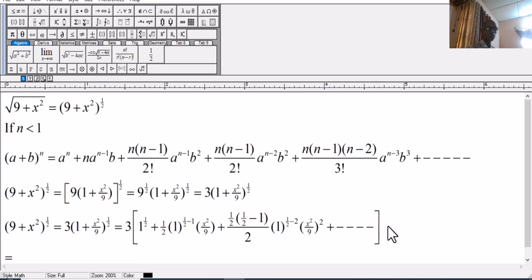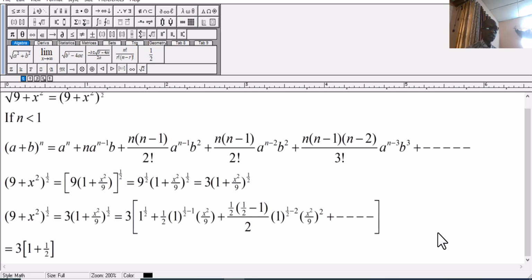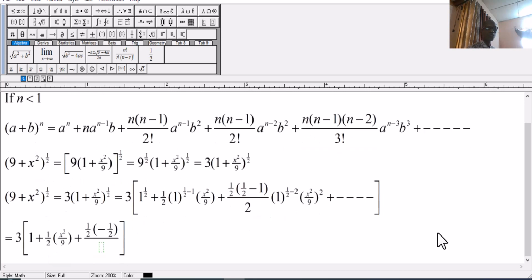So this one becomes 3 in bracket. So we have 1. By the time we open up this bracket, this becomes half. Then you have x squared over 9, plus half minus half over 2.